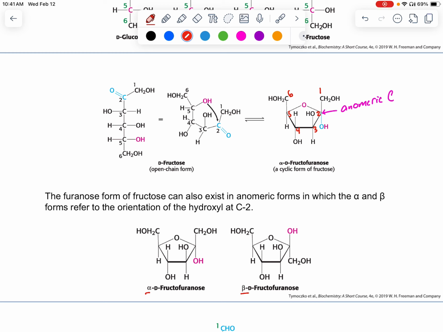We said alpha was trans, opposite. And when we look, it's always going to look opposite to this same one. This one's on this side of the plane, and that other one over here on carbon 6 is on the opposite. Or they can be beta, which would also be cis.